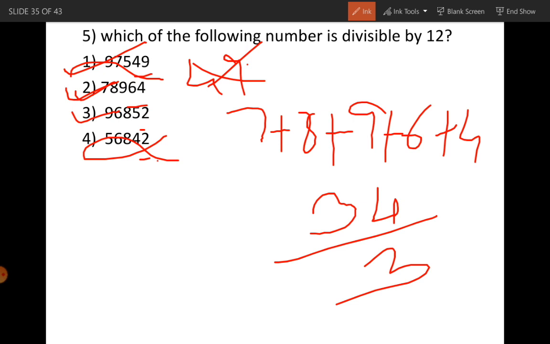Now, without doing the next option, we can say the third answer is the right one, because we have done the exclusion.